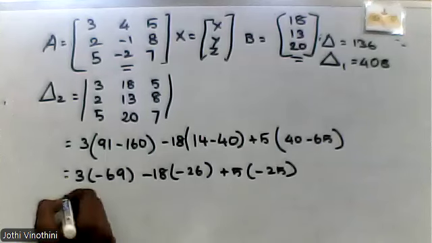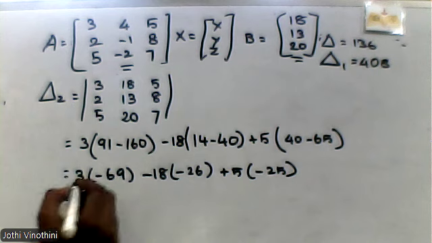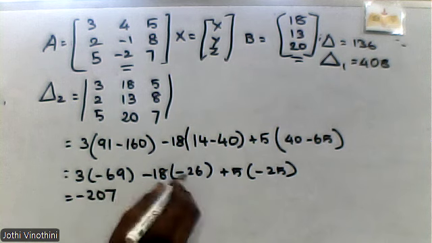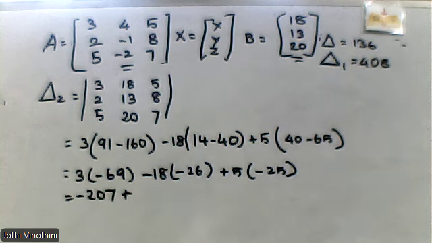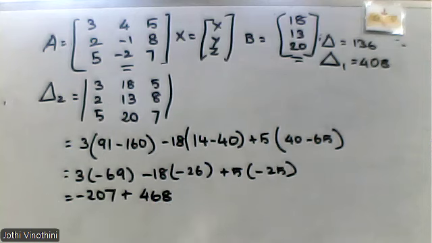Right? Right. So what is 3 multiplied by 69? 207. Here plus, here minus. So minus. Minus into minus plus. What is 18 into 26? It is 468.